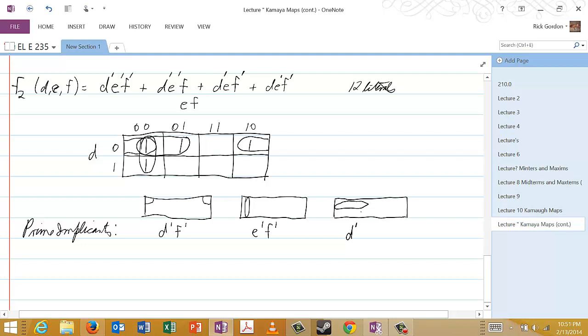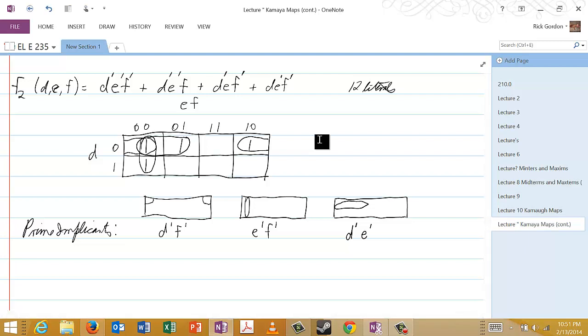I see that E is also constant in those 2 cells and equal to 0, so we'll have E prime. F, however, is changing. It's equal to 0 in this cell on the left, and F is equal to 1 in this cell, and so since F is changing, it will not appear in the name.